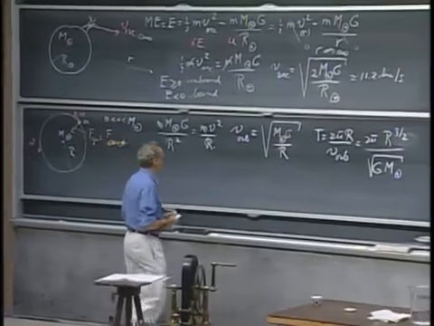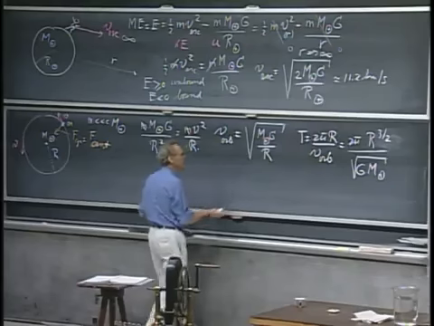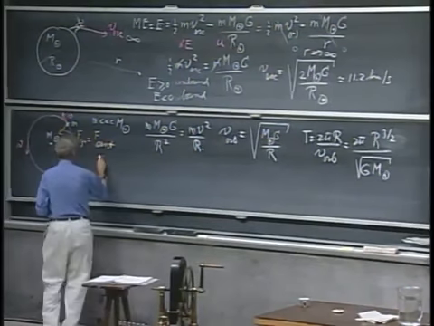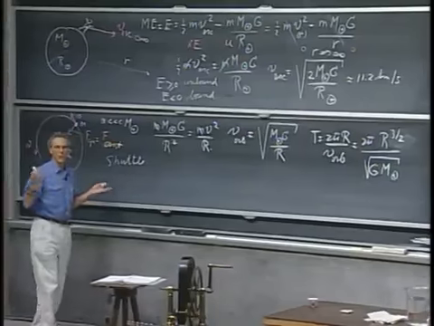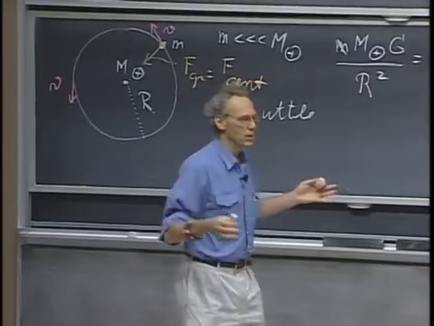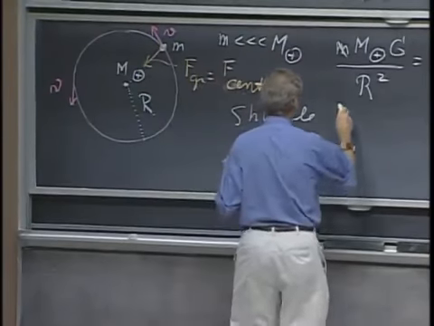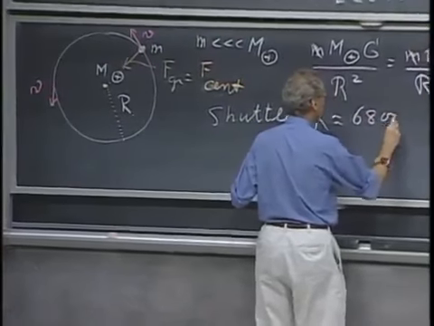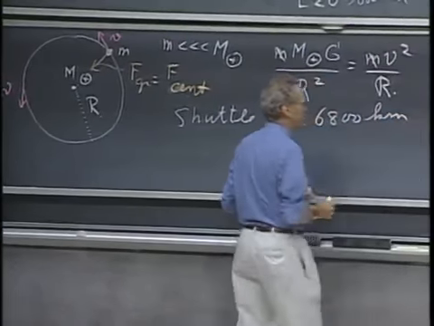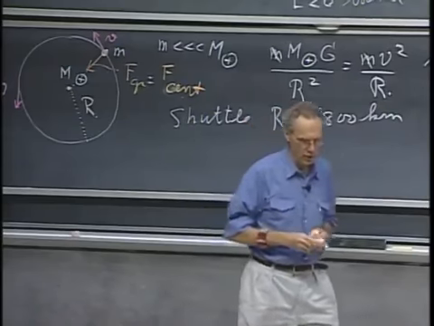If we take the shuttle as an example of a near-Earth orbit, the shuttle may be 400 kilometers above the Earth's surface, so we have to add 400 kilometers to the radius of the Earth. You end up with about 6,800 kilometers for the radius of the orbit of the shuttle.